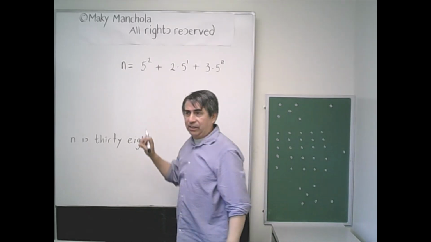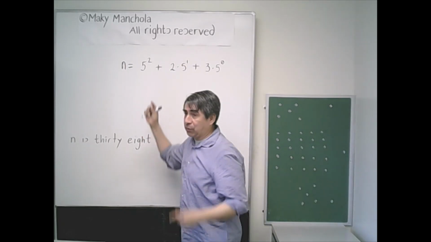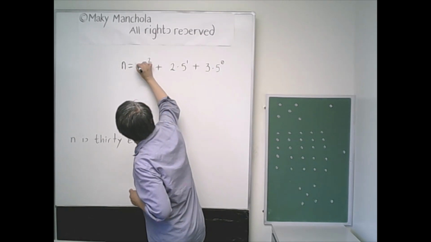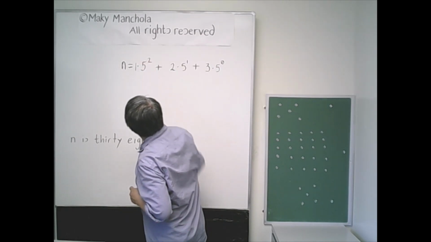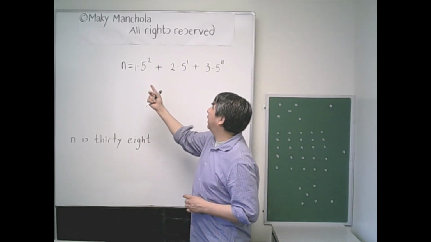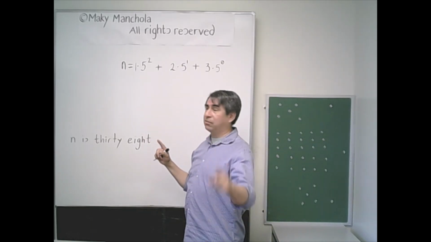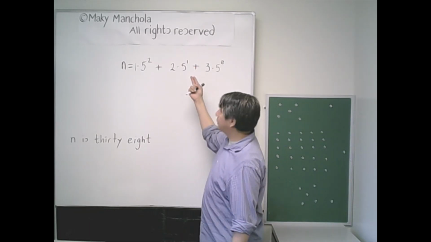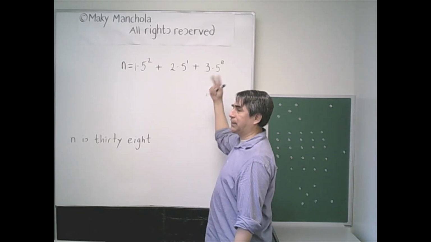Now let me indicate that 25, which is 5 squared, there is one of those quantities. So let me put a coefficient here just to tell how many 25s there are. So my number n consists of 1 5 squared, 2 5s to the first, and 3 5 to the zeros.